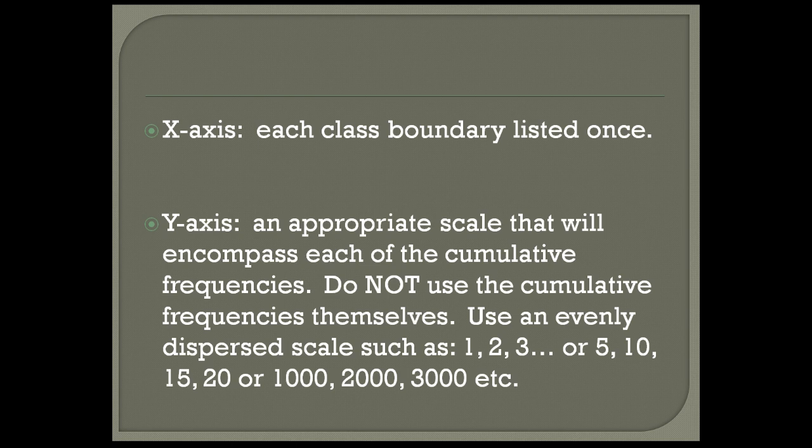You want to use an evenly dispersed scale that will encompass your cumulative frequencies. You'll need to look at your cumulative frequencies and decide what scale that will be. You'll use something like 0, 1, 2, 3, or count by fives, 5, 10, 15, 20, or if you're using larger numbers, you may need to count by 100s or thousands.